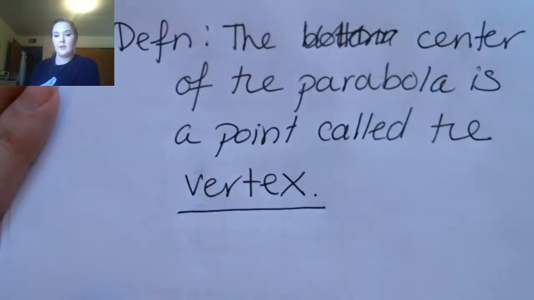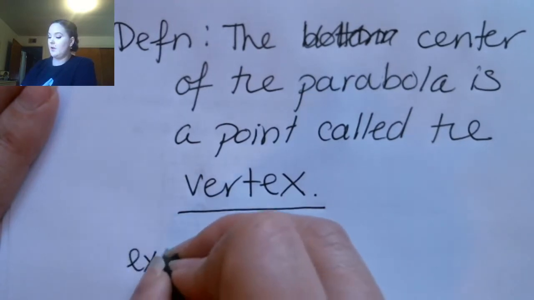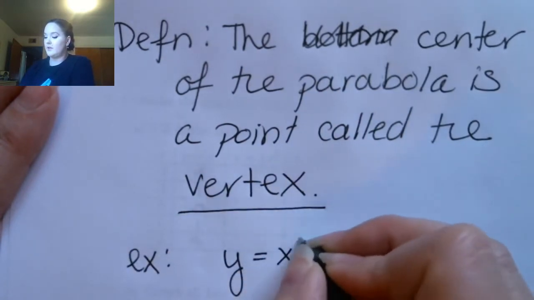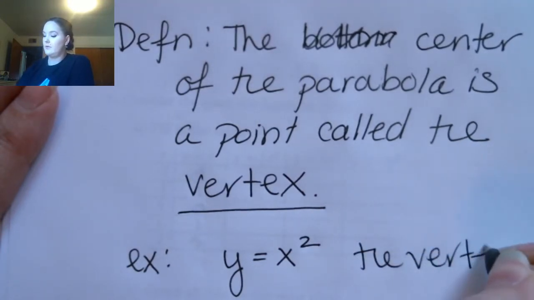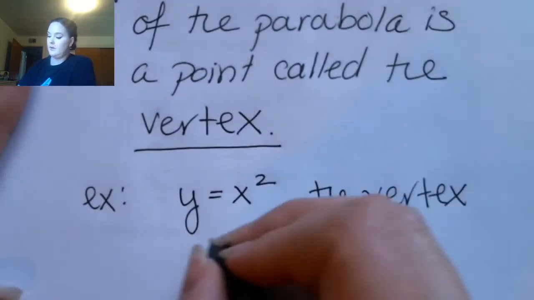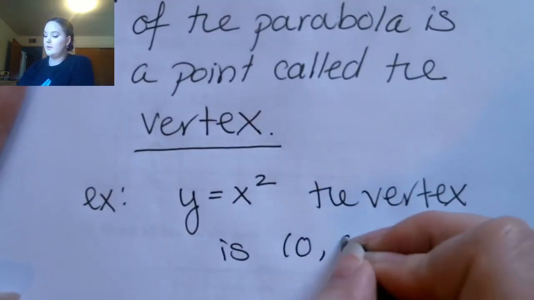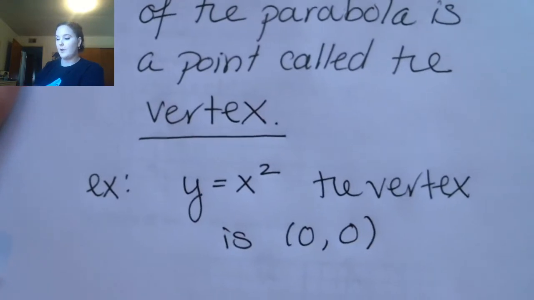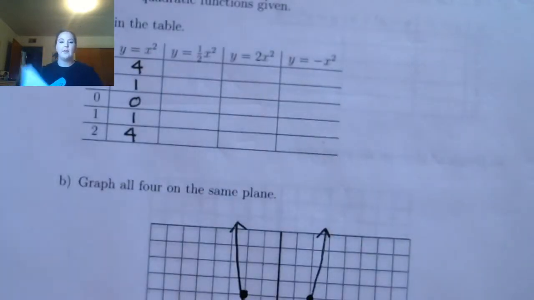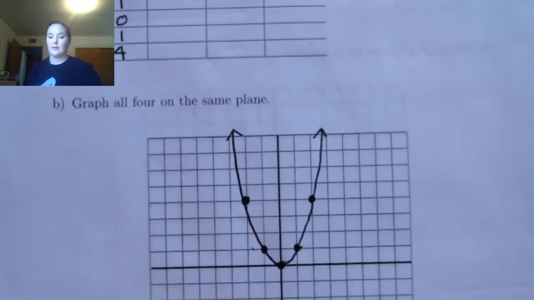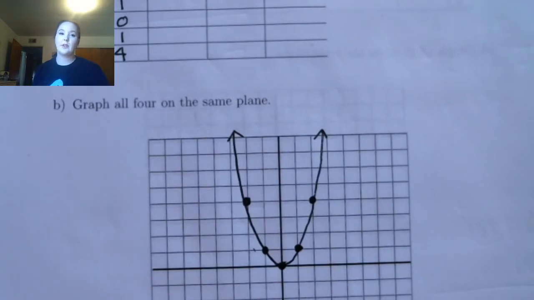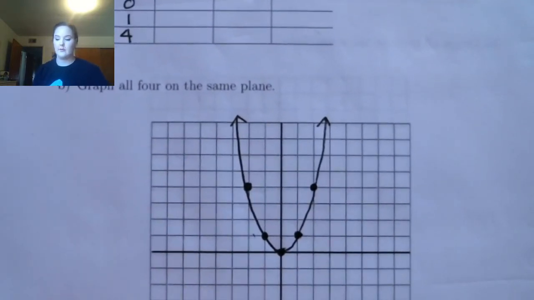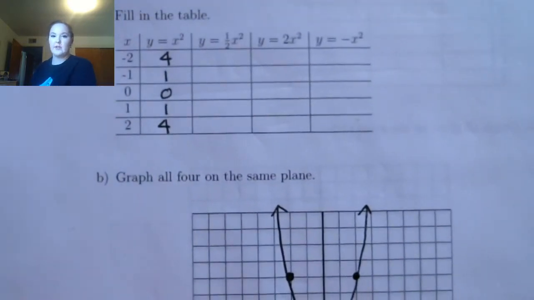On our base graph y equals x squared, the vertex is the origin, 0, 0. We have our 3 key points here, and this center point is especially important. It's called the vertex.